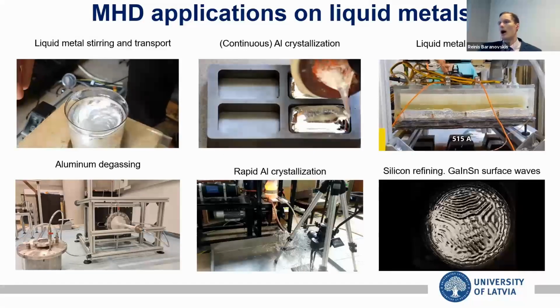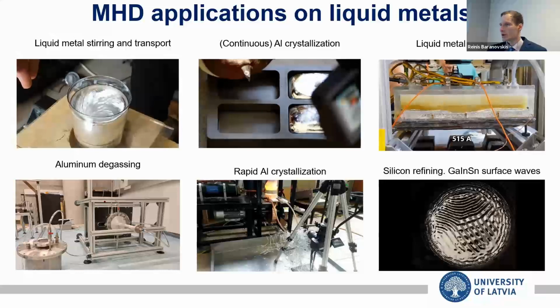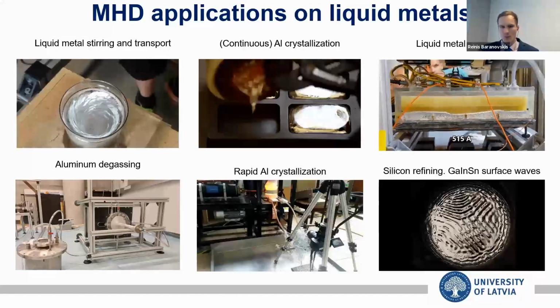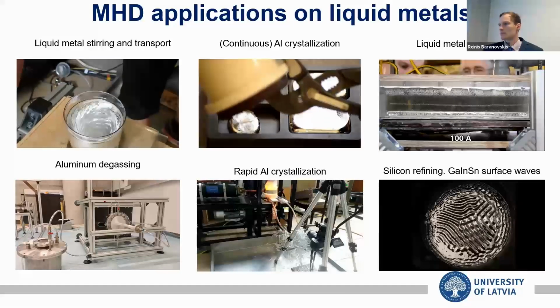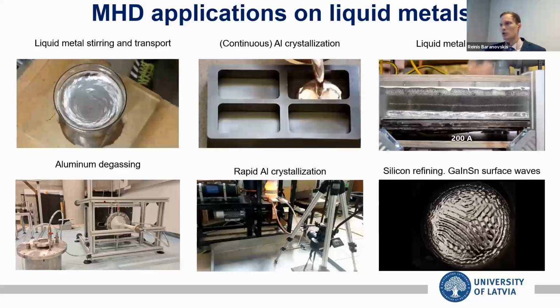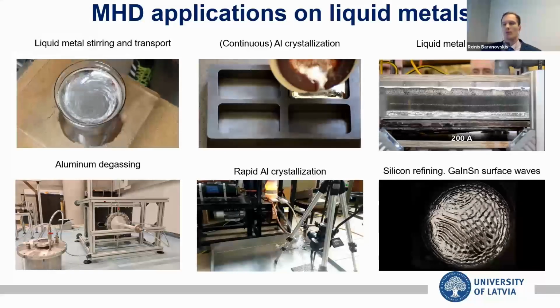And the last application we do, I personally do, and which is my PhD thesis, is aluminum degassing. There again, the aim is to improve one of the metallurgical steps, which is hydrogen removal from aluminum.